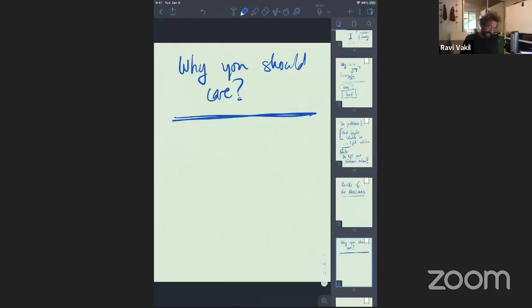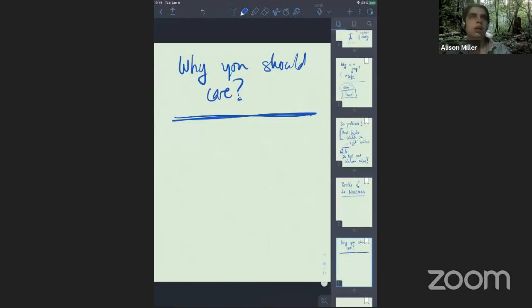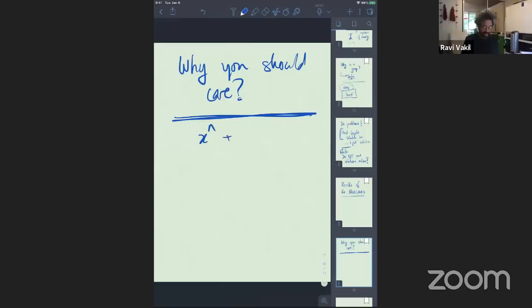So here's a flavor of problem that you reasonably might have seen when you were small. You might have heard of Fermat's last theorem, where you're trying to show that there are no non-trivial integral solutions to something like this. And we know, thanks to Wiles and Taylor-Wiles, that it's true.